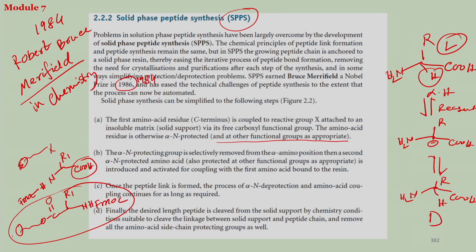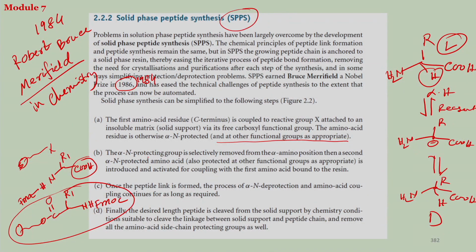Now, your amino acid is on a solid support which has the amine group protected by FMOC, and we will use the same monomer all the time from now onwards. So, the N protecting group is selectively removed.